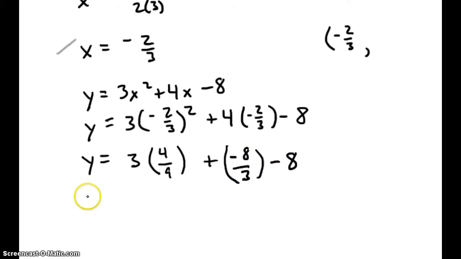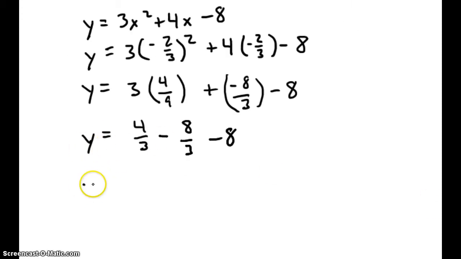Then if I continue on, I get y equals 4 over 3 plus, and I could actually say minus now, minus 8/3 minus 8. That gives me negative 8/3, positive 8/3 minus 8.